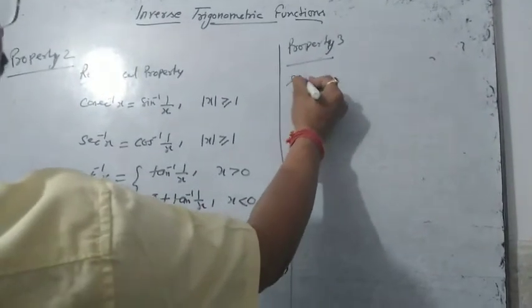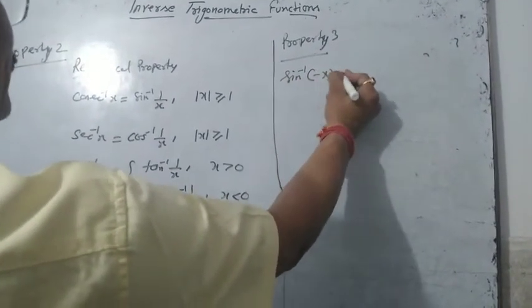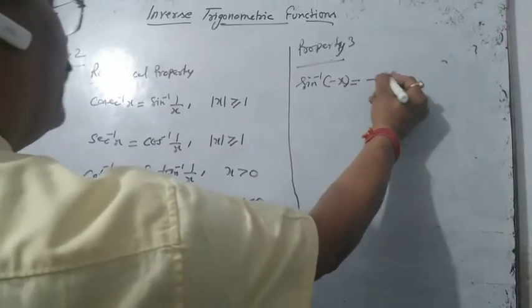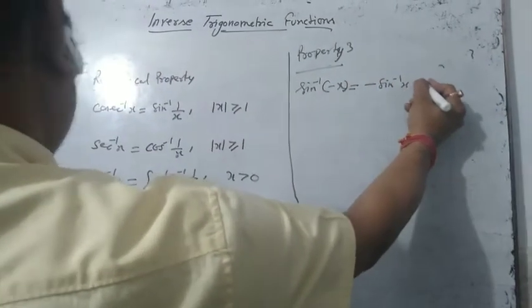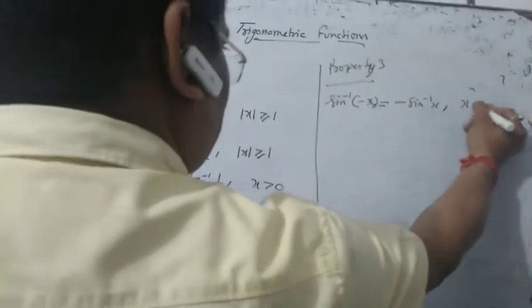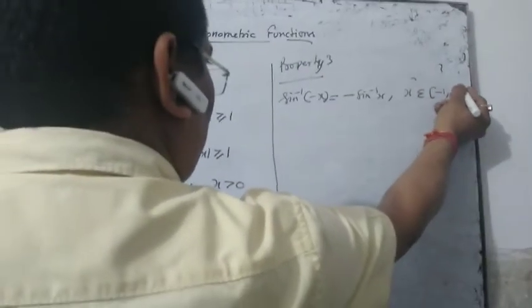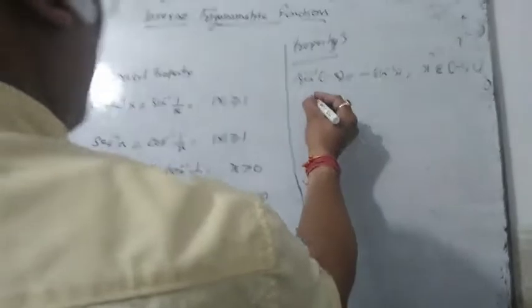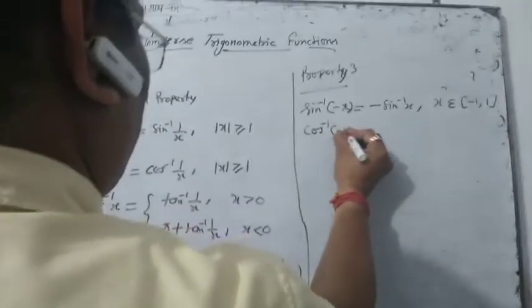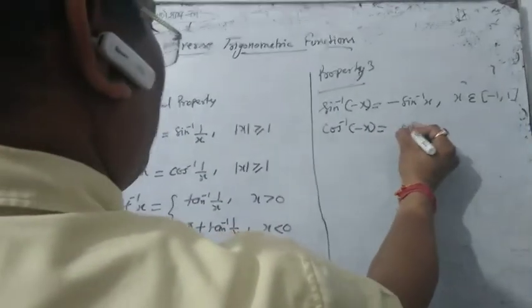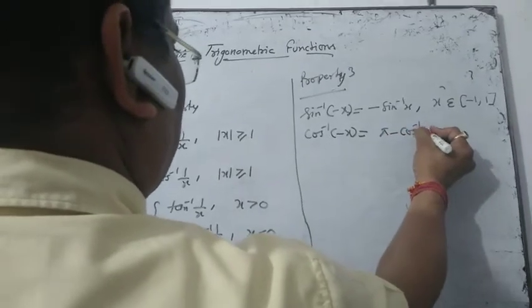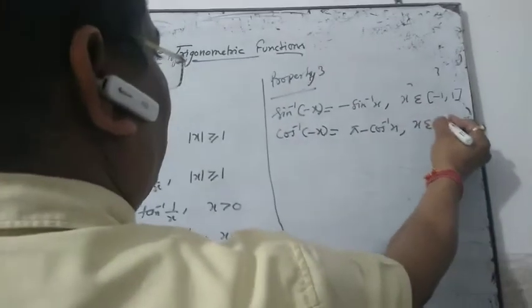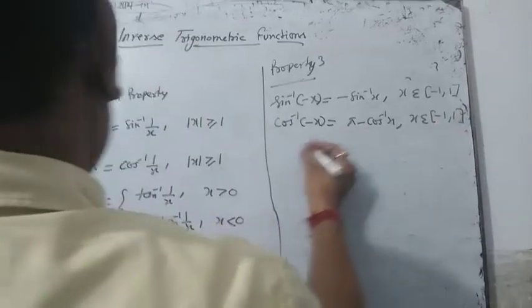Sin inverse of minus x is equal to minus sin inverse x, where x is an element of minus 1 comma 1. Similarly, cos inverse of minus x is written as pi minus cos inverse x, and x is again an element of minus 1 comma 1.